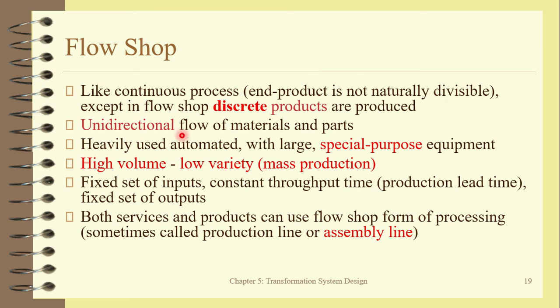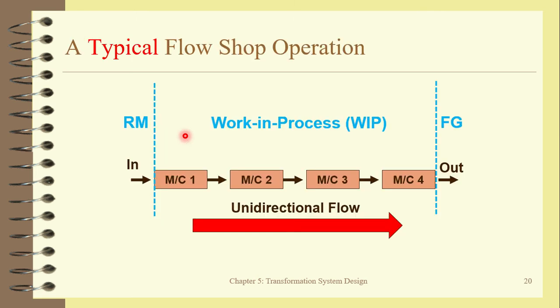And for the flowchart, the material flow or the part flow is unidirectional. It means that the routing is like this, from the raw material to work in process and to finished good.